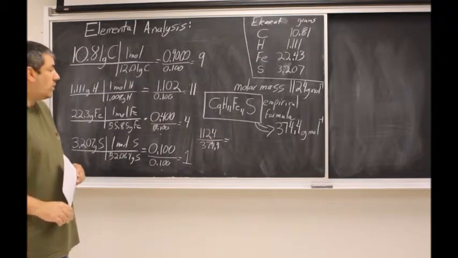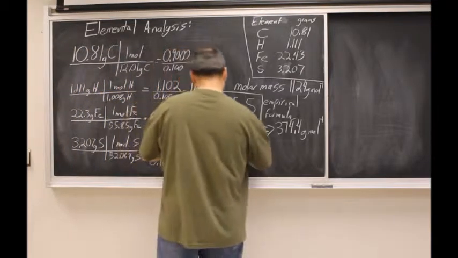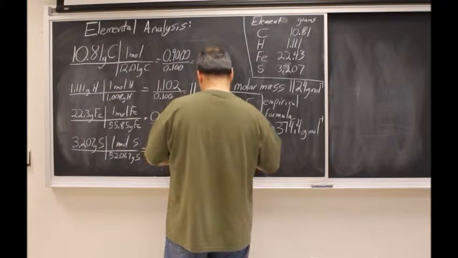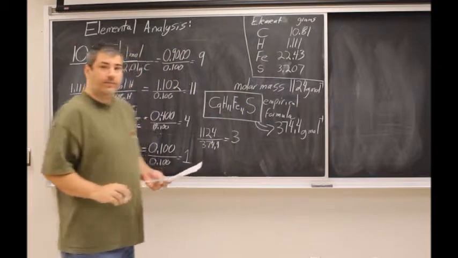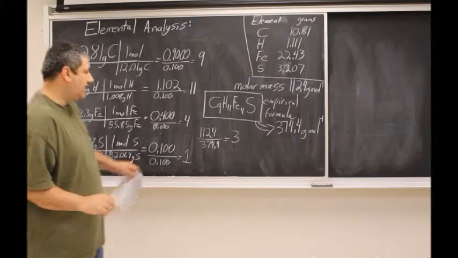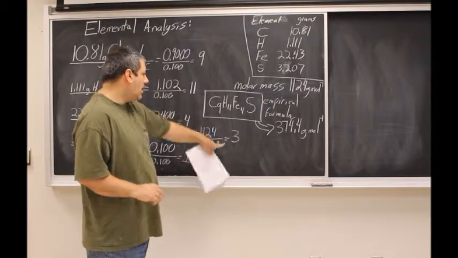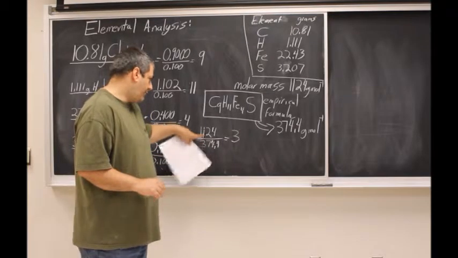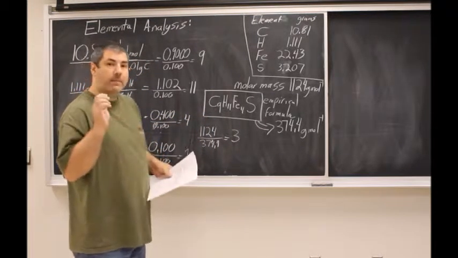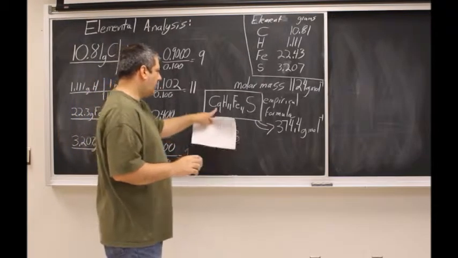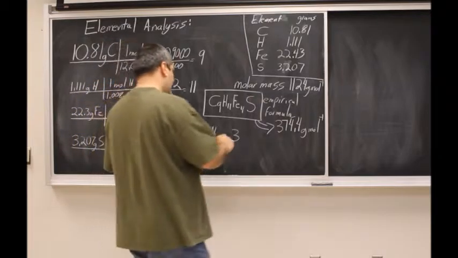is 1,124 divided by 374, which gives me 3. So what that tells me is I must multiply my empirical formula by a factor of 3. If I divide it through, it was 10, it would be 10 times and so forth. So my molecular formula is going to be 3 times 9, 3 times 11, 3 times 4, and 3 times 1 for each respective element.